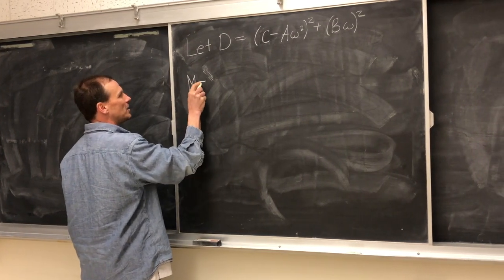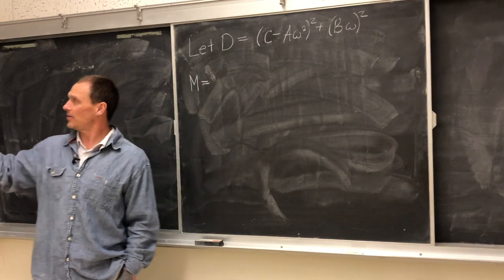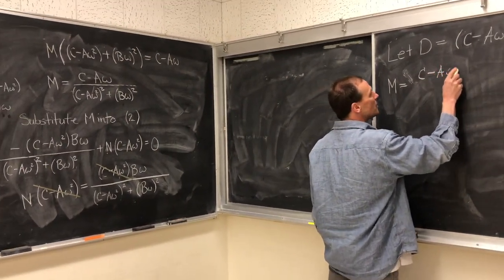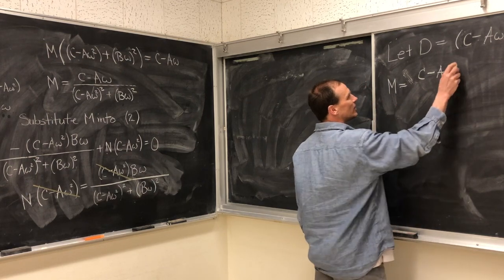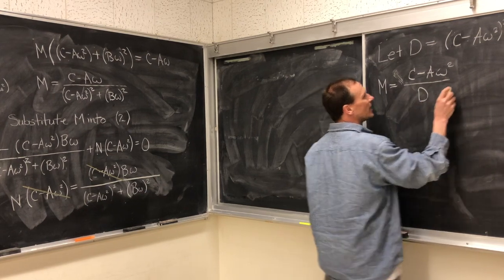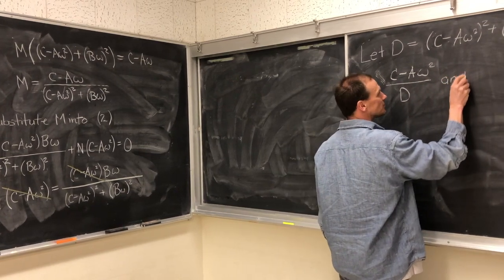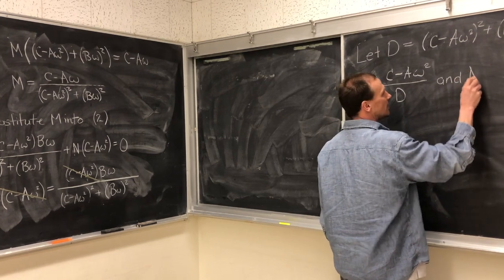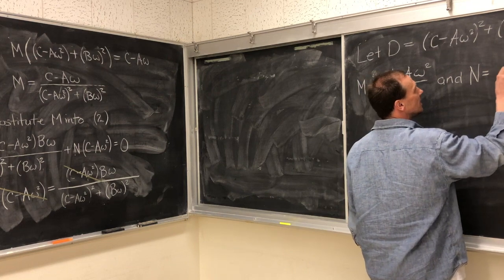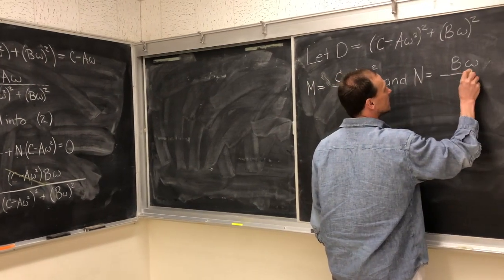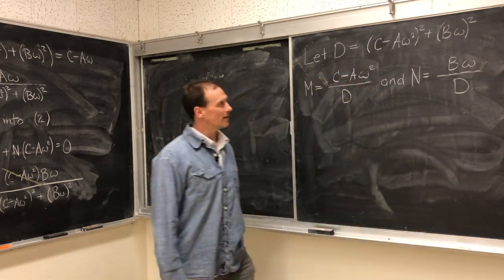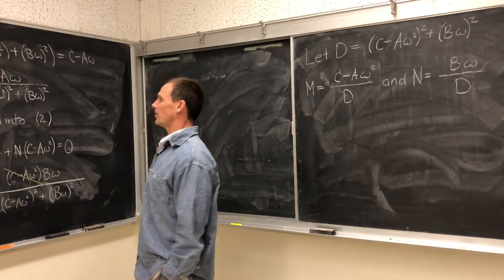M is now (C minus A omega squared) over D and N is equal to B omega over D. I think I got all of those terms.